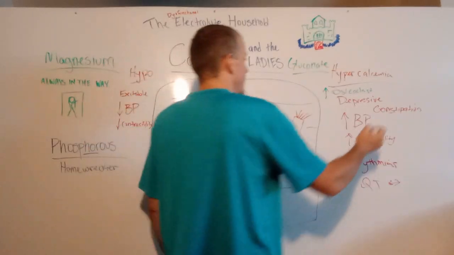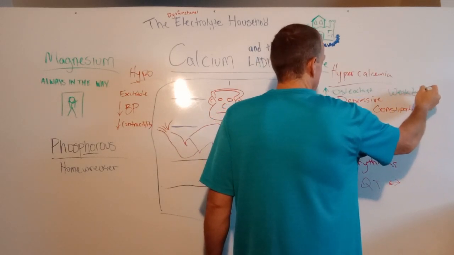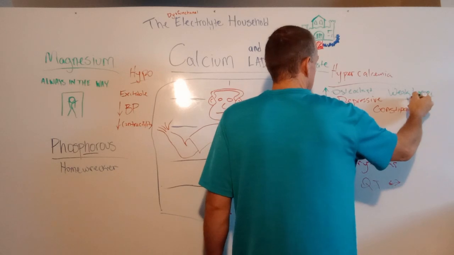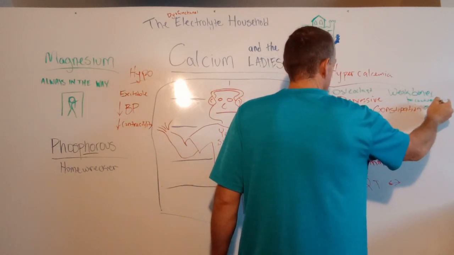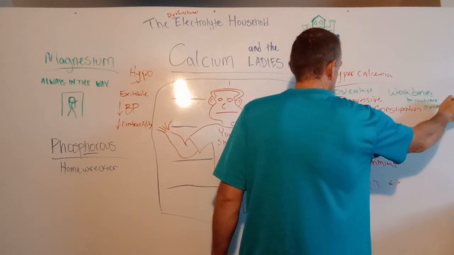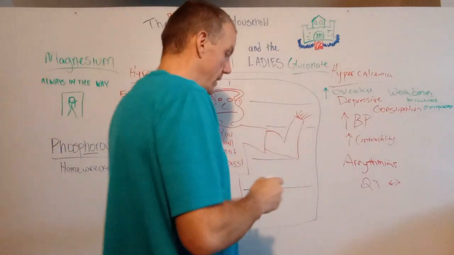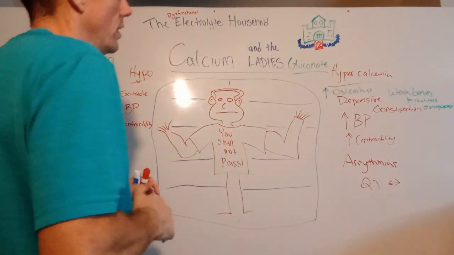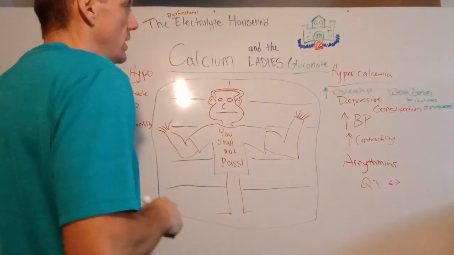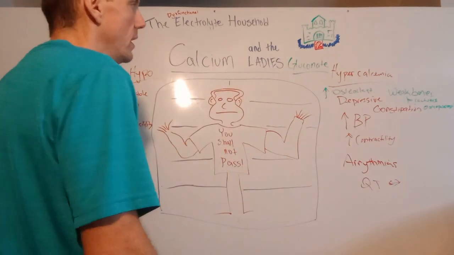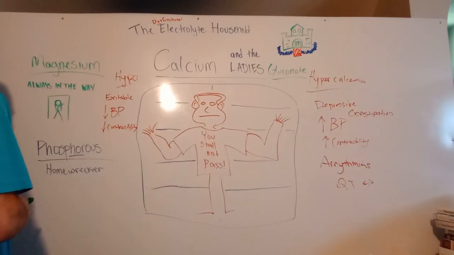And so you actually end up with weak bones. You can get fractures, osteoporosis, etc., bone pain, so on and so forth. And that is all because the destruction of the bones is typically what causes hypercalcemia, and that's a cancerous process.